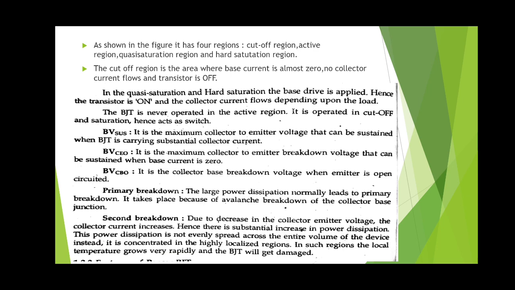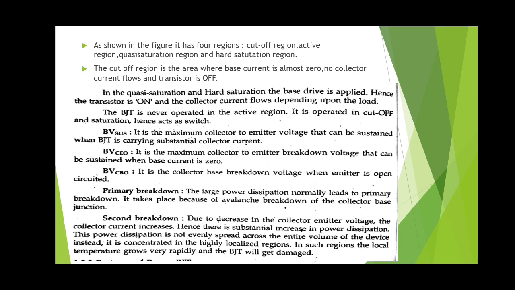The next region is the saturation region. In the saturation region, which is divided into quasi saturation and hard saturation, the base drive is applied and the transistor is said to be in on state. Hence collector current will flow depending upon the load.